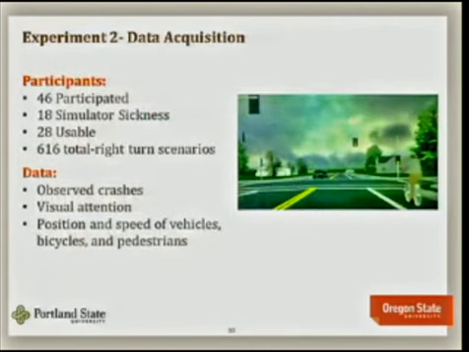In total for the second experiment, we had 46 individual participants. We lost 18 to simulator sickness, giving us 28 usable observations and a total of 616 crashes, collecting a similar cross-section of performance measures. An example screen capture from one of our scenarios with a cyclist leading the subject's automobile.